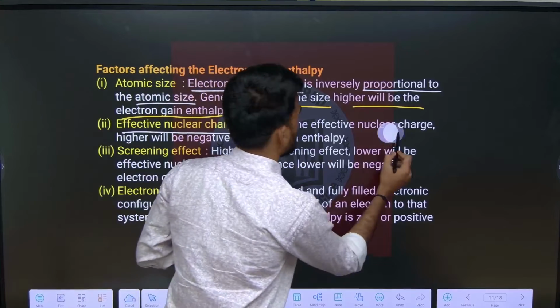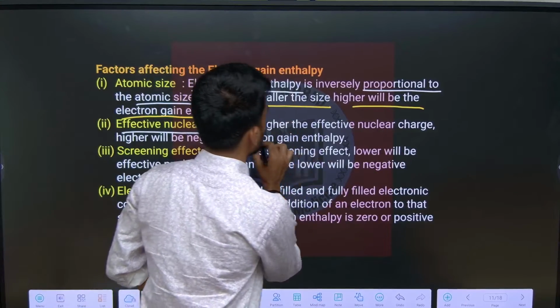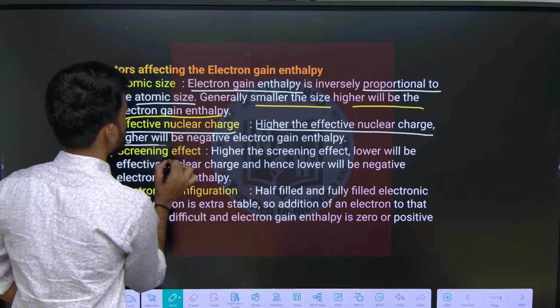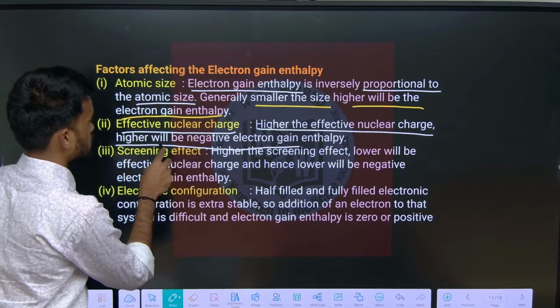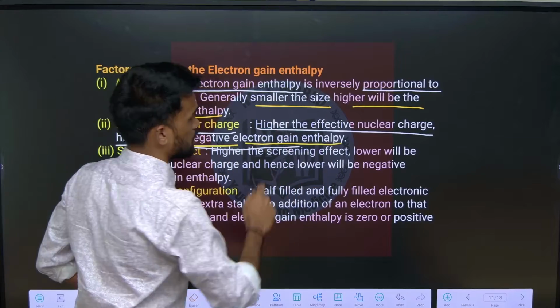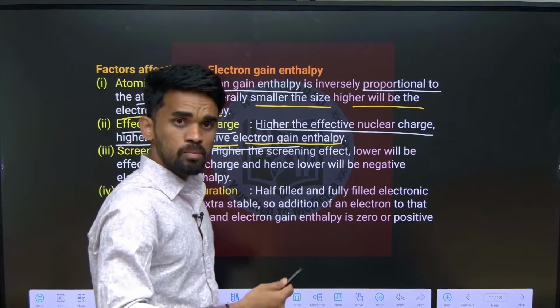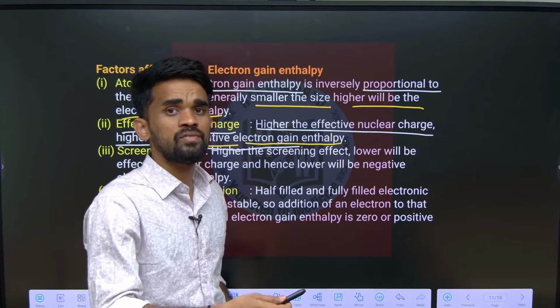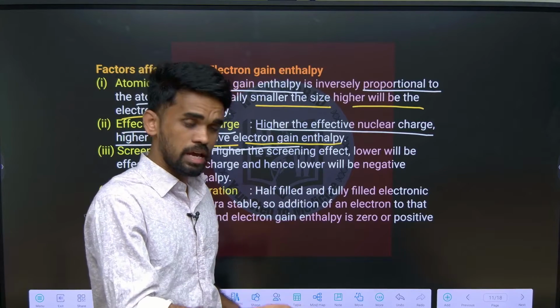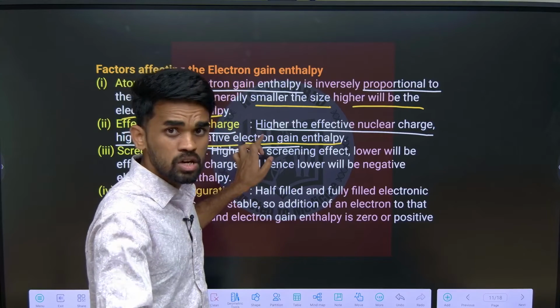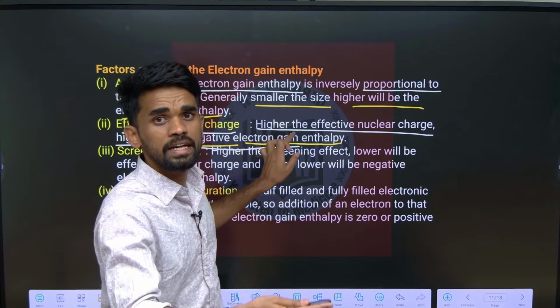The higher the effective nuclear charge, the more negative will be the electron gain enthalpy value. More effective nuclear charge means more electron affinity.